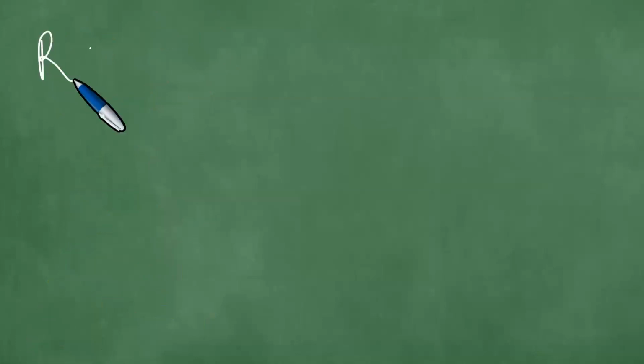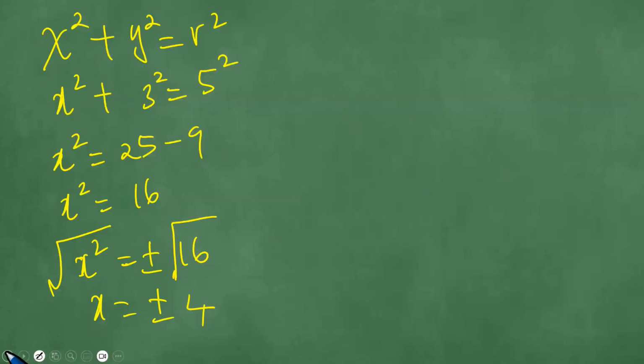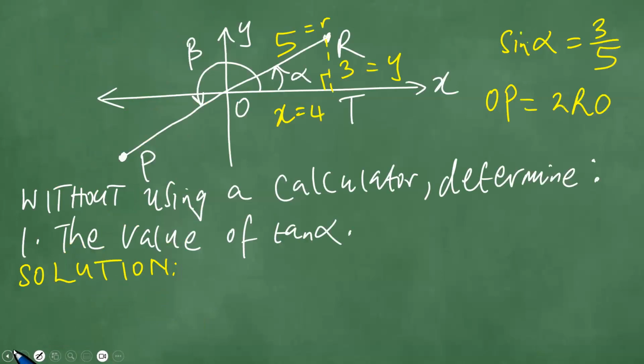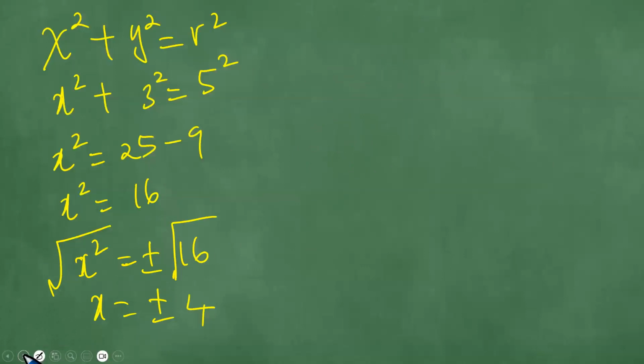Which means for the point R, we will have coordinates x and y. So x is 4 and y is 3.